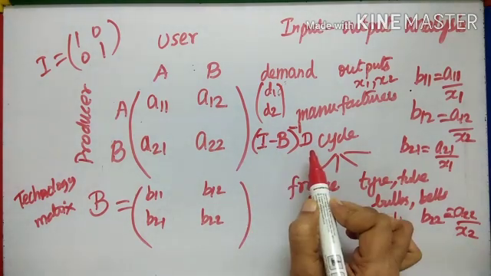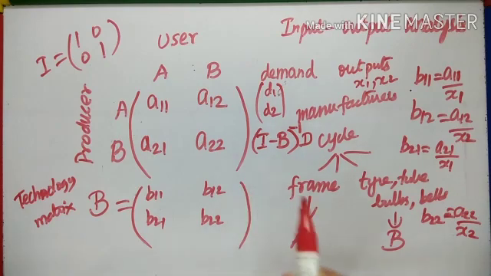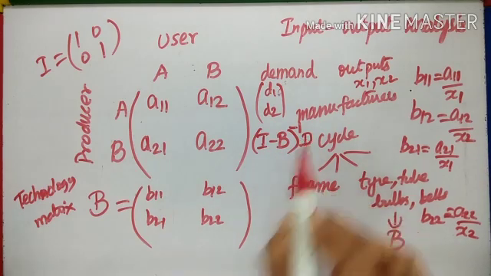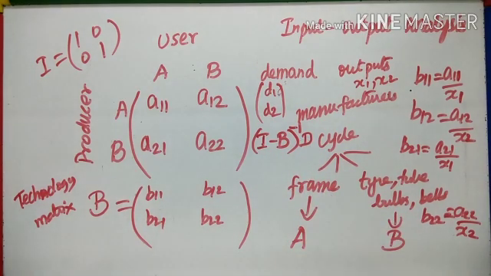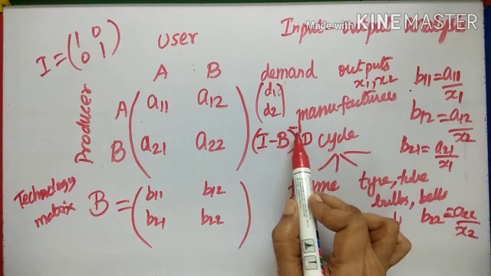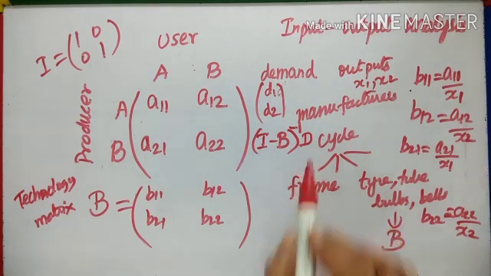As I multiply, I get what should be the gross production. So this exercise is our main idea: finding out the technology matrix, finding out I minus B, the whole inverse, multiply with D. So these are important under 5 marks.